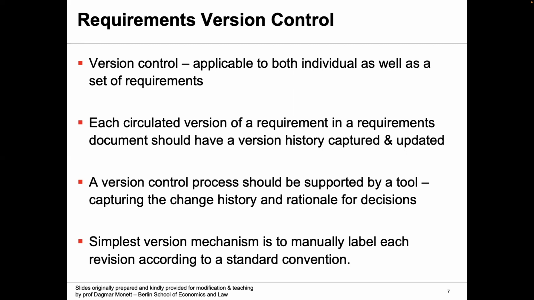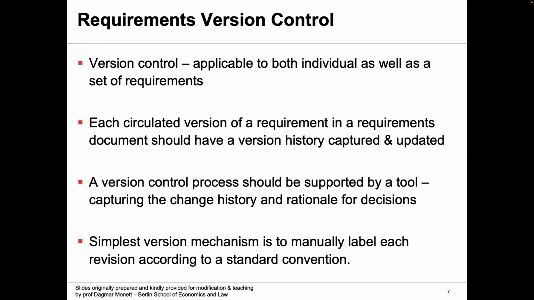So it's like a table you can make, and you can put all these updates, so you're going to capture the entire history of how the requirement version changes are taking place and what the updated status is.